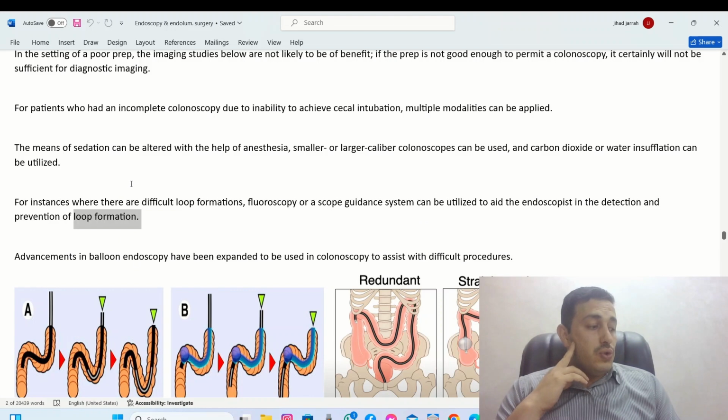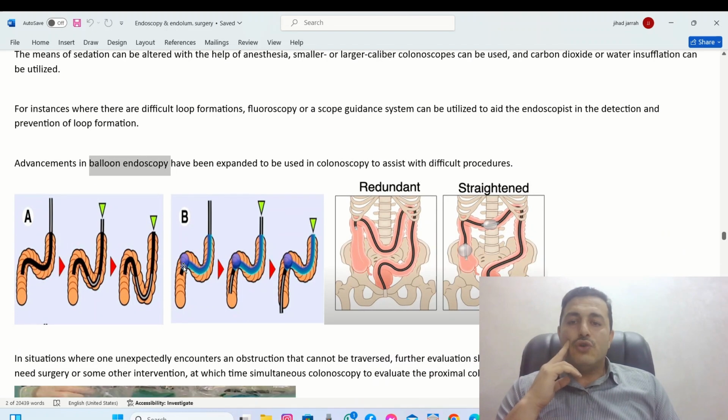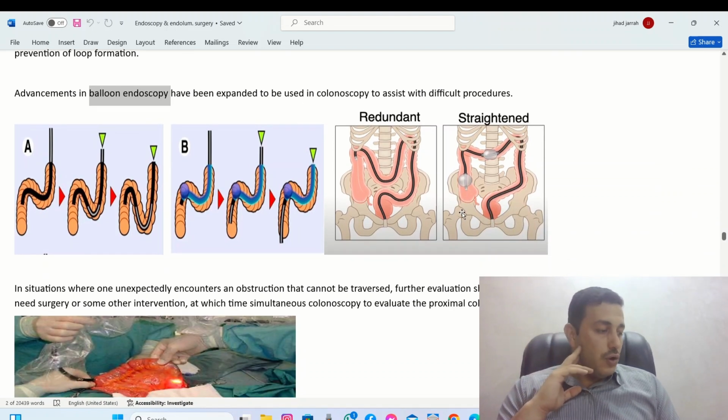Another technique, if it is due to loop formation, is to use balloon endoscopy. It could be single or double balloon, as you see in this picture. Here is the sigmoid and loop. Here in the sigmoid, due to the omega loop, we use the double balloon. It actually fixes the colon.